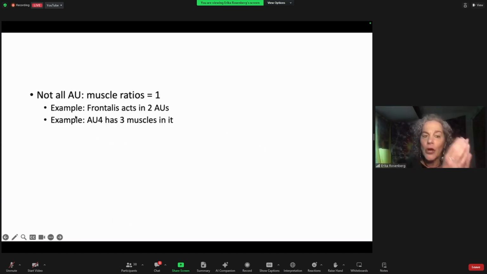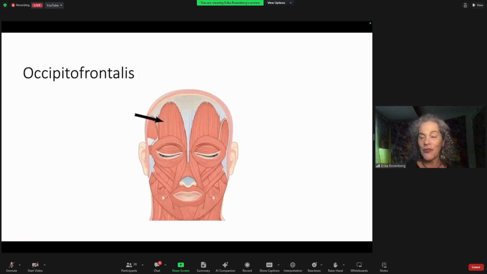So there's close to a 1-to-1 ratio between the action units and the underlying muscles, but it's not a perfect 1-to-1 relationship. In some cases, we have one set of muscles that does more than one action. In other cases, we have one action that involves more than one set of muscles. So let's start with the example of occipitofrontalis.